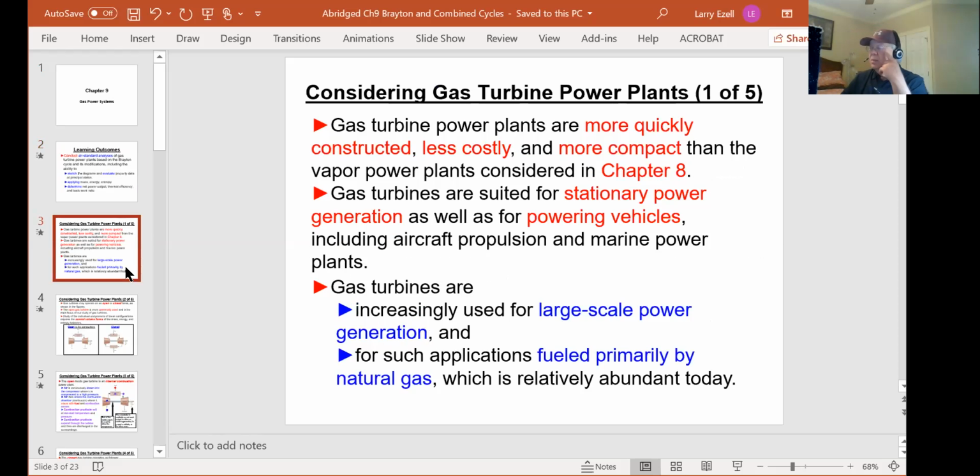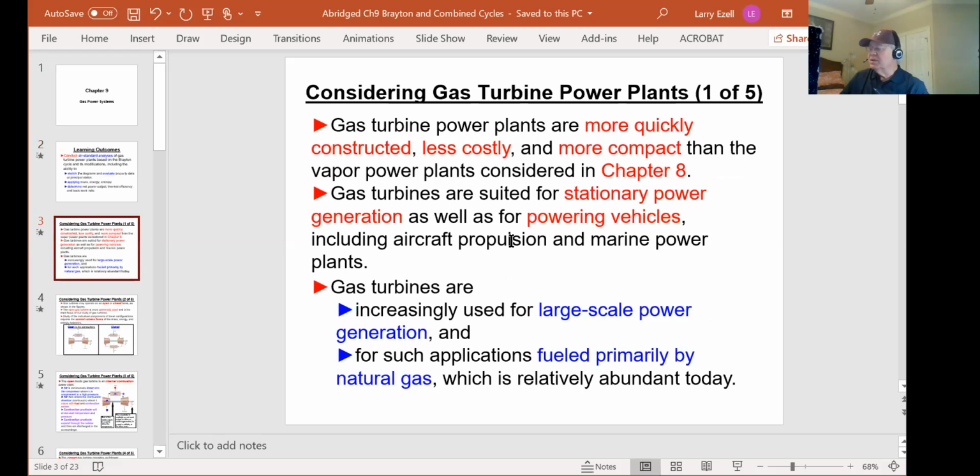All right, let's talk a little in general about gas turbine power plants. Gas turbine power plants are more quickly constructed, less costly, and more compact than the vapor power plants we discussed in Chapter 8. Gas turbines are suited for stationary power generation, as well as for powering vehicles, including aircraft propulsion and marine power.